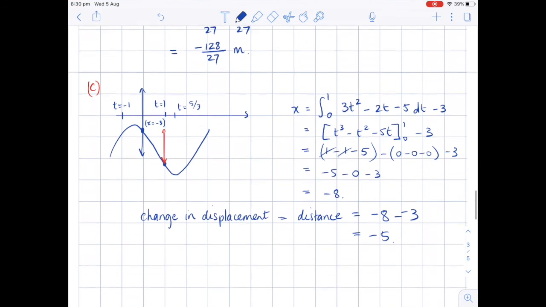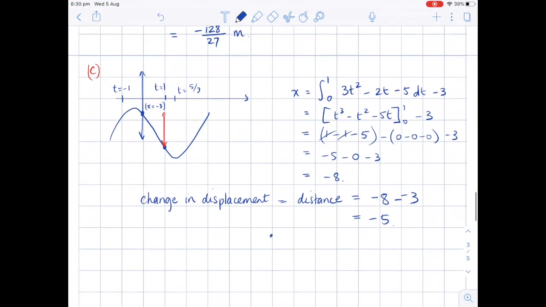And because it is distance, we can say therefore the distance travelled in the first 1 second is 5 metres. There you go. So a couple of shortcuts there to avoid graphing at all when looking at the graphs.